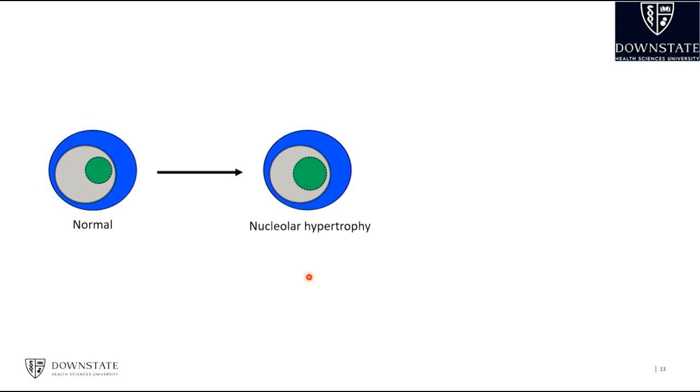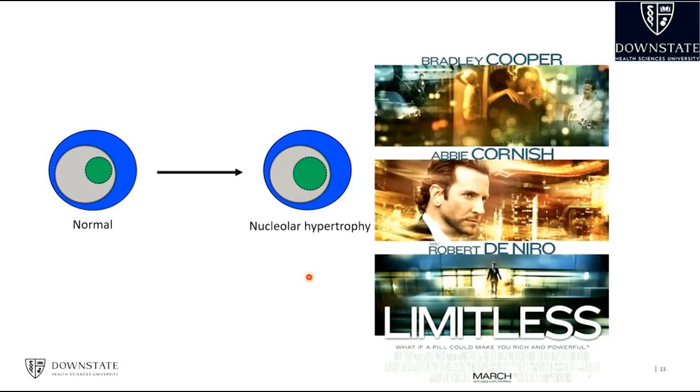That's the other question. So can we take a normal cell, try to make hypertrophy like the asymptomatic Alzheimer's disease case, and get a super good memory?